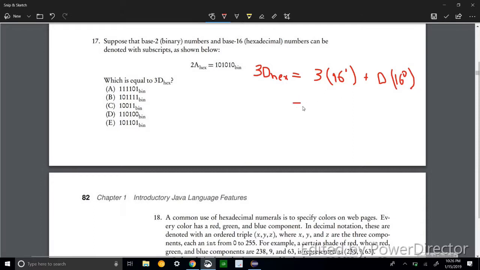And once we do that, we get 48 for this, and we get 13 for the second part. And so in total, we get that this number is equal to 61 in decimal.